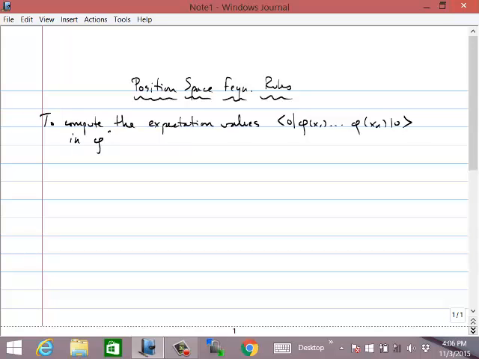And last class we developed Feynman rules for phi cubed theory. That was the theory where the Lagrangian was just given by the usual free Lagrangian plus an interaction term that was cubic in the field phi with a coefficient g that is some coupling constant.